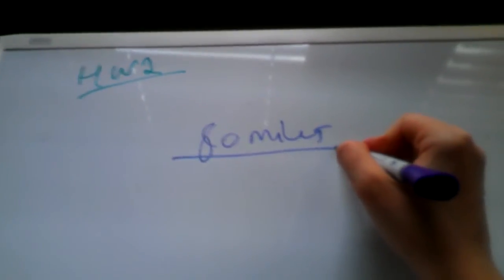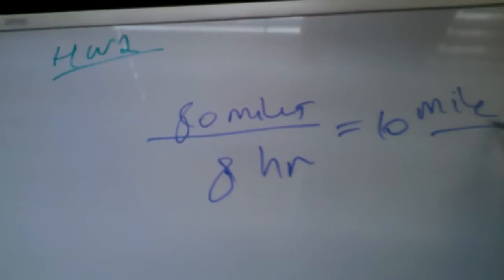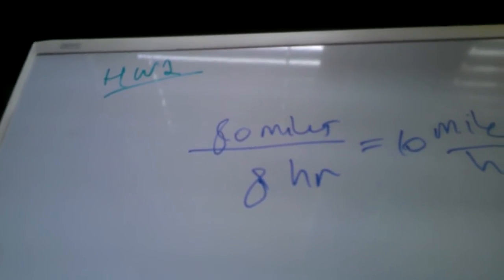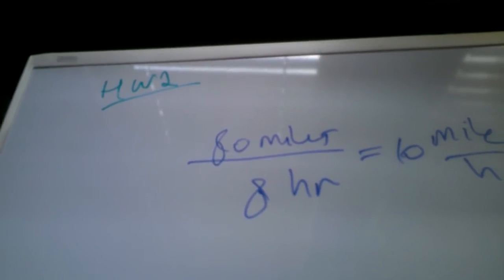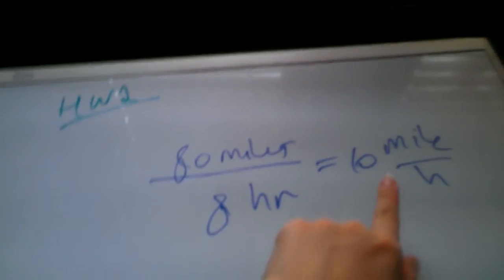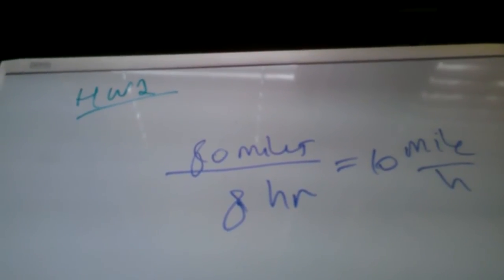You cover 80 miles in 8 hours, so you go 10 miles an hour. At 4 a.m., midway through the motion, the speed is constant, so it's going to be 10 miles an hour throughout the whole journey.